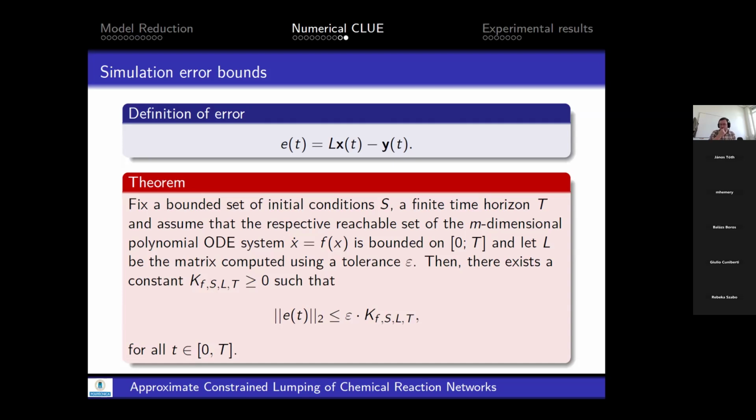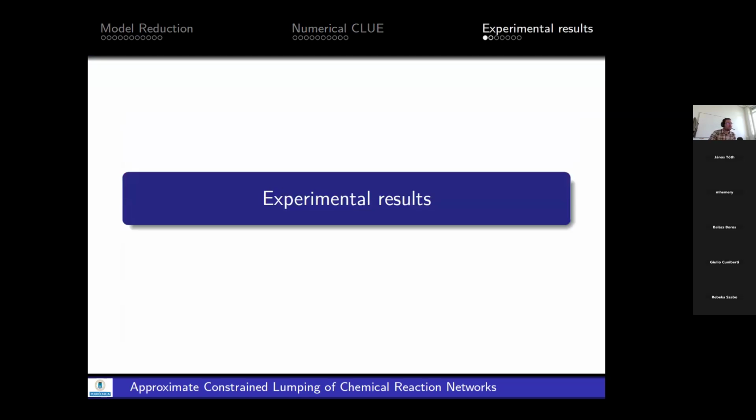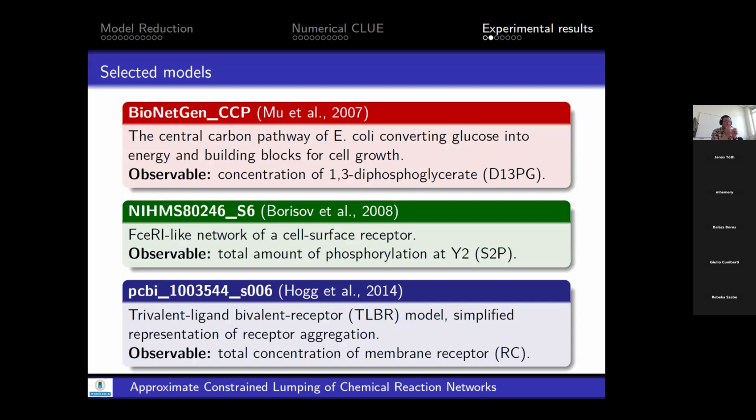Good. So I'm going to go to the experimental results here. In this paper, we tried to apply this technique to chemical reaction networks and some other models, not only from chemical reactions, but also from biology. So these are three models that we are going to look into in this talk.